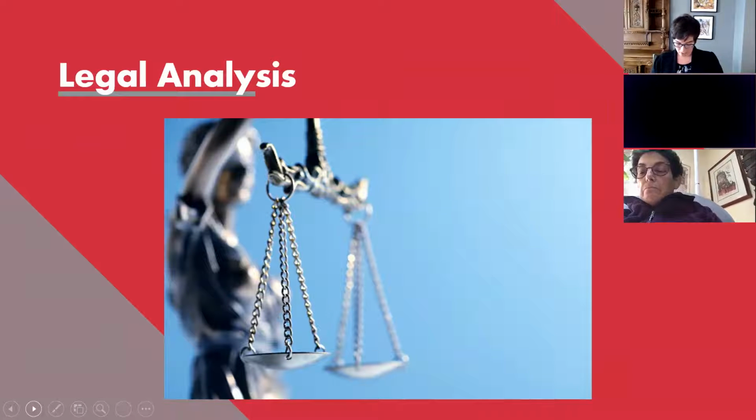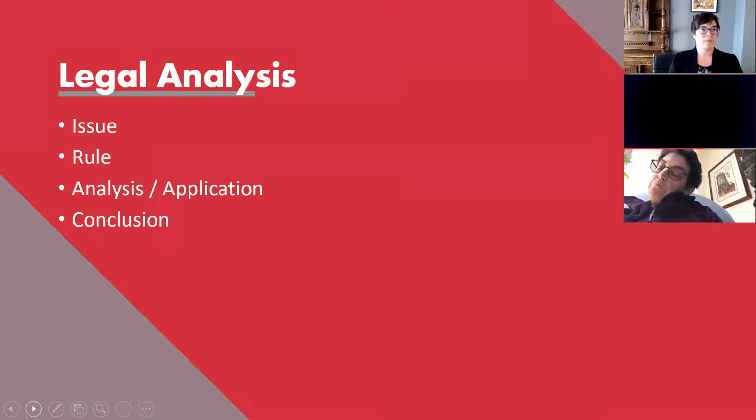So the next section we get to is the legal analysis, which is where most of the meat of the opinion is found. It will generally go in the order of what will be familiar to people who've been law students, the IRAC: issue, rule, analysis, and conclusion.